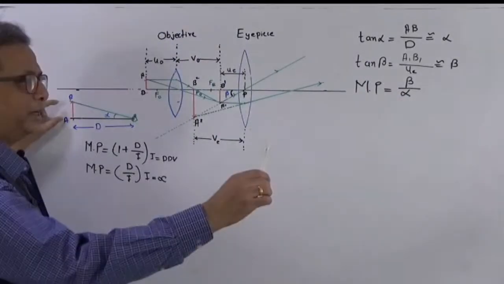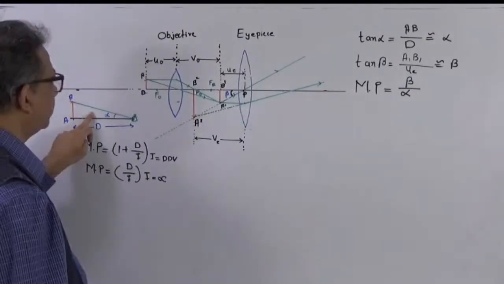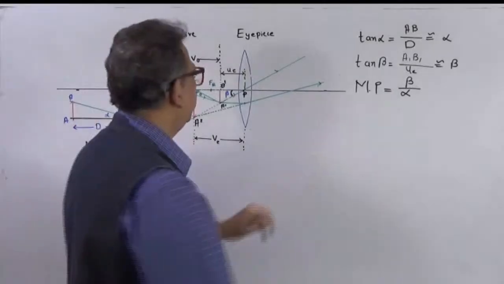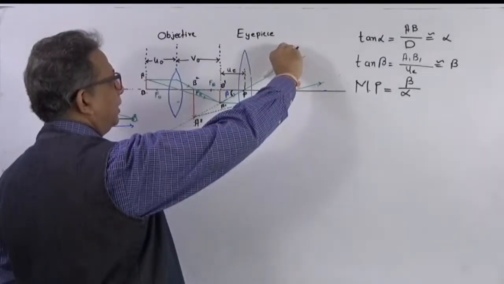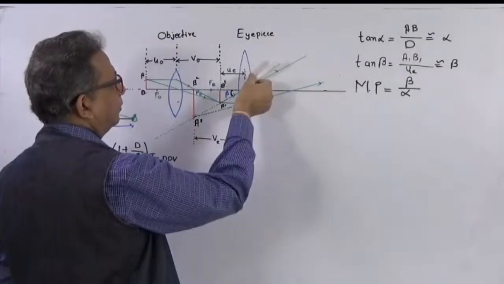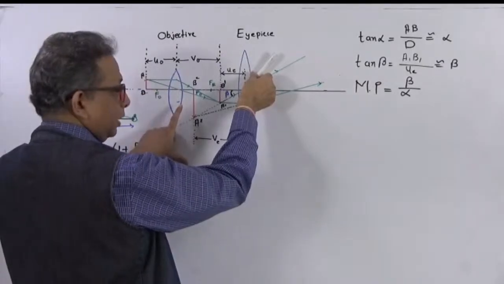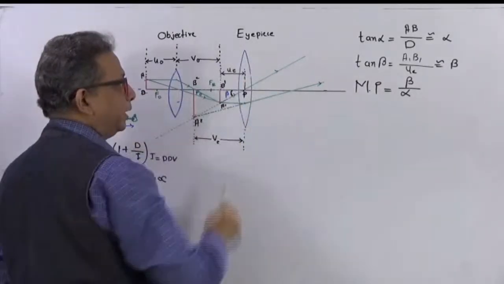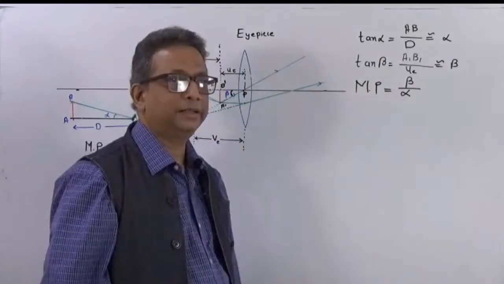At a distance of D, the angle subtended at my eye will be a fixed alpha, and depending upon how huge the object is, my angle alpha will keep on increasing, no? Therefore this angle beta basically decides the magnifying power.